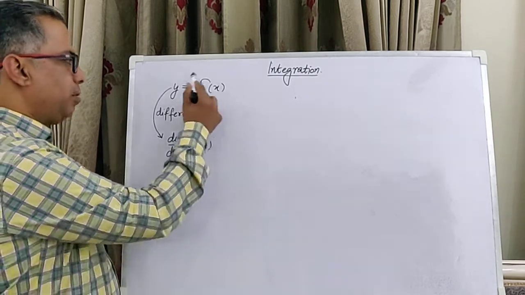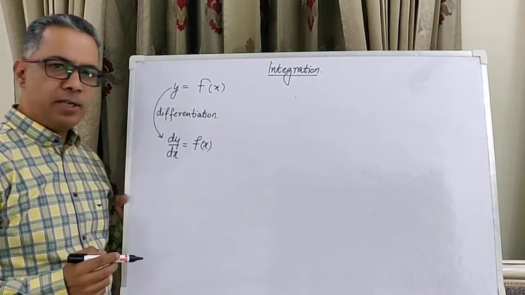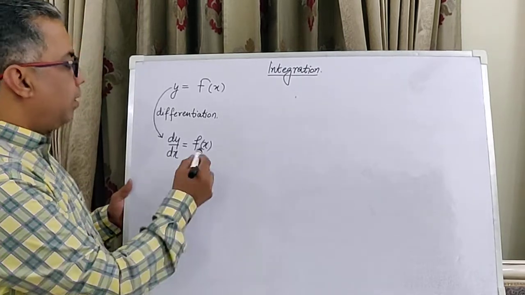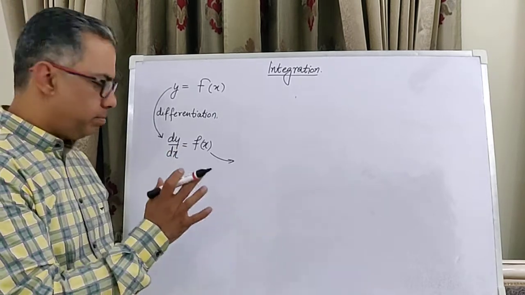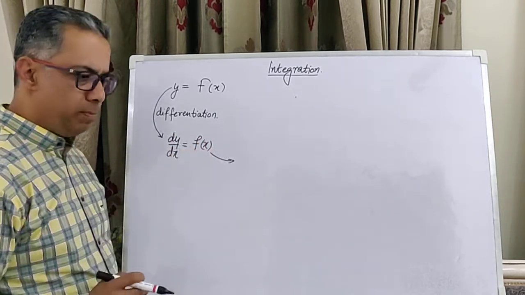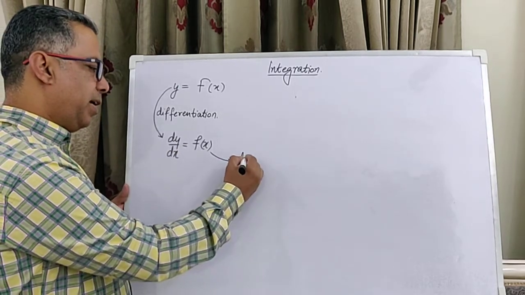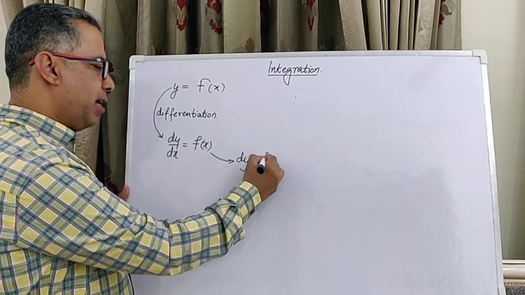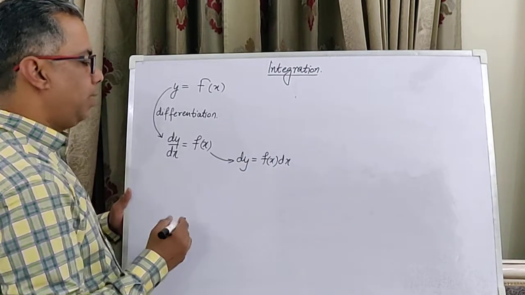So this was the original function, this is the function we get after differentiation. Now this is pretty much what we may call notation. dy can now be written as small f of x times dx.